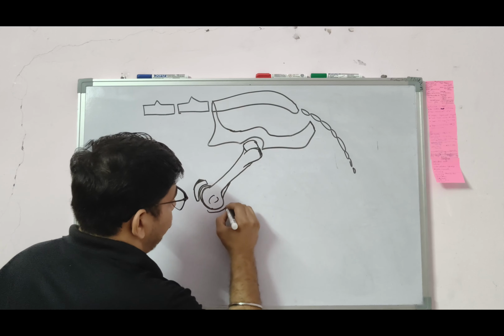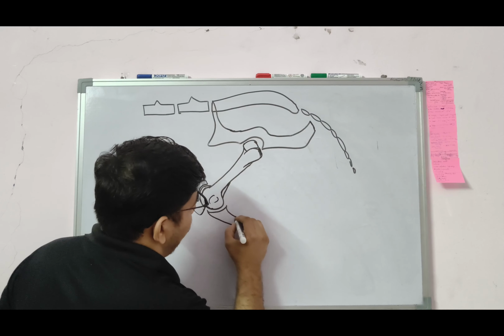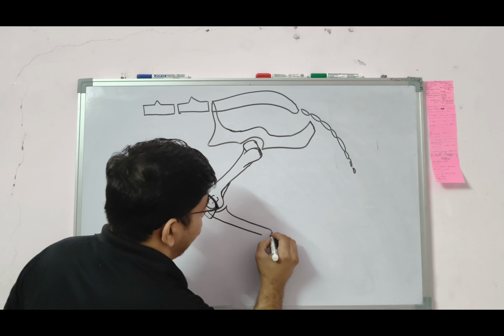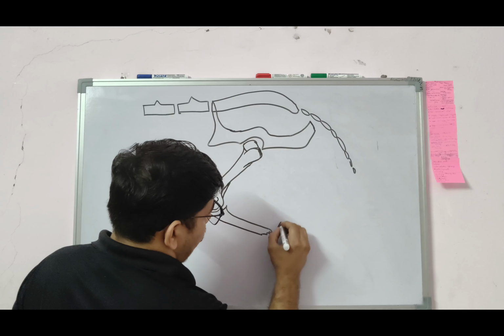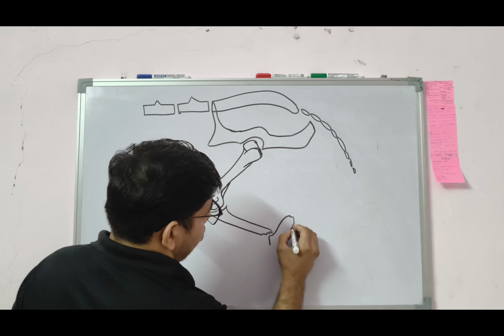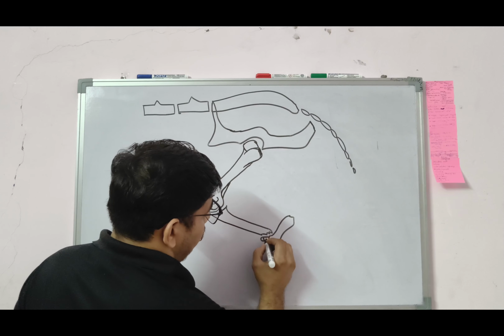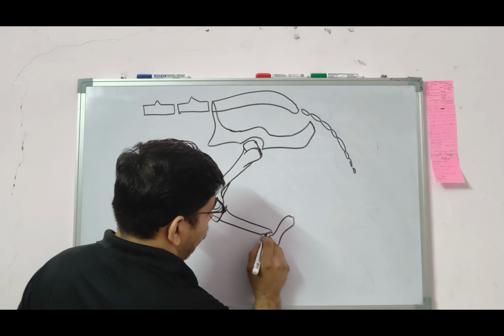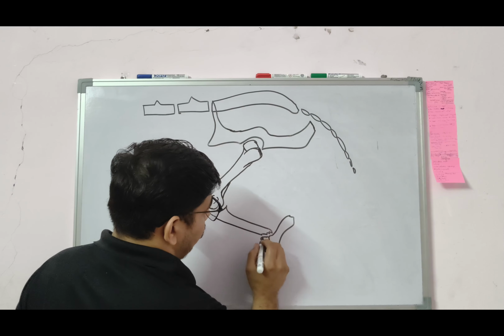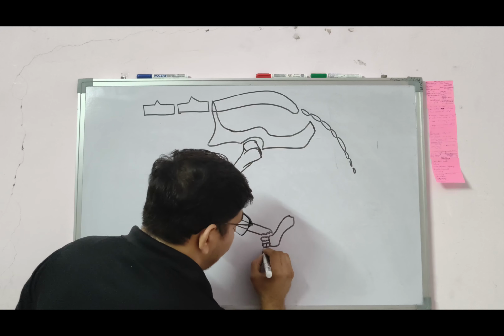Now the tibia, obliquely downward and backward. Now the tarsals. These are the fibular tarsal, 1 central, 4th, 2, 3, one is free, tibial tarsal, fibular tarsal. These are the part of bones.